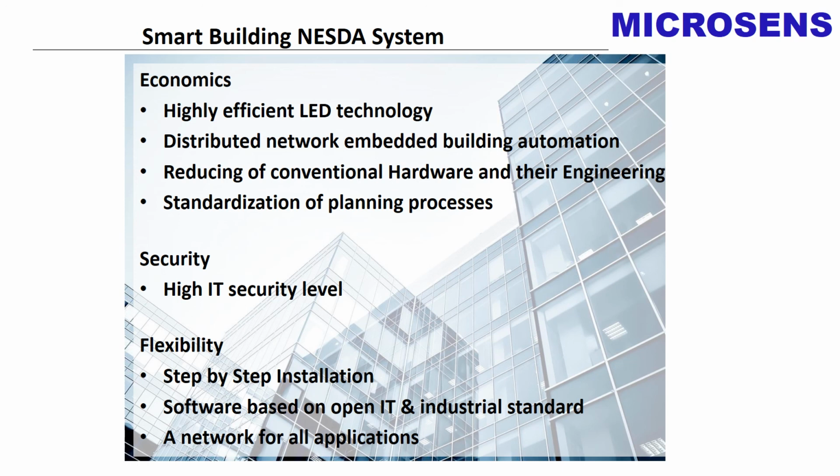If you remember our smart distribution boxes, they save a lot of time for planning, engineering and installation. And finally, all of this leads to a standardization of planning processes, which makes planning much easier compared to the conventional approach.